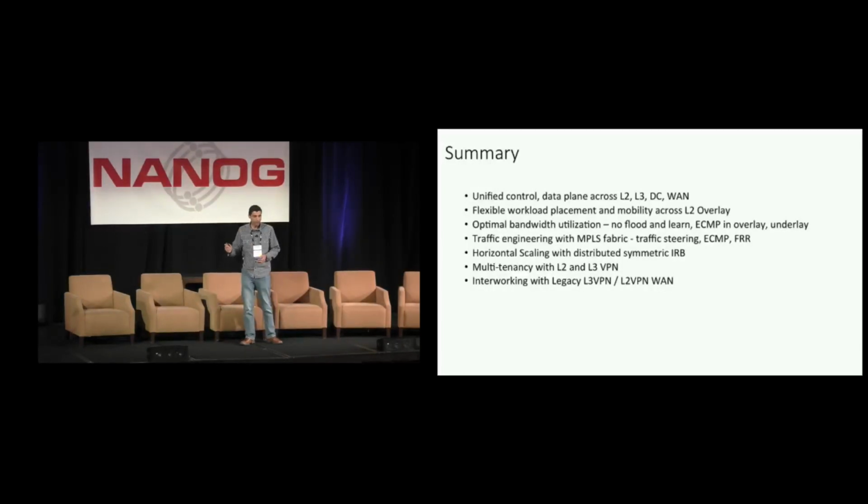Now, the next point, by eliminating flood and learn, and by bringing in ECMP both in the overlay and in the underlay. So overlay VPN ECMP that it's enabling both for MAC and IP routed traffic, as well as your underlay fabric being a standard IP routed fabric, you have ECMP semantics, both ECMP load balancing per flow, both in the overlay and in the underlay.